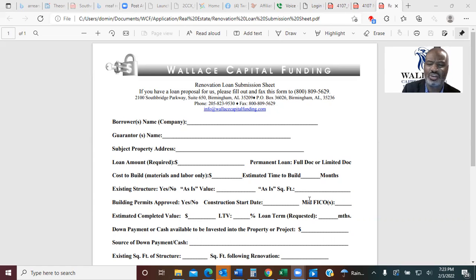And the guarantors, what are the mid FICO scores, credit scores? What are those mid scores there? The estimated completed value. So if you purchase this property and then you're putting money in to renovate it, what do you believe is the value of that property once it's completed? A question might be, how do I figure that out?